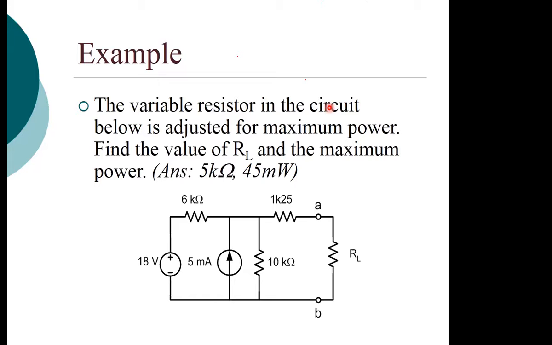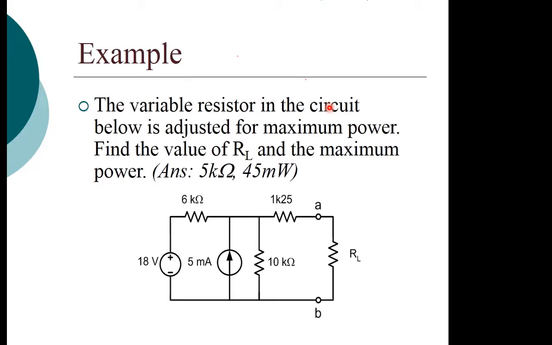Then find the maximum power. Now, the maximum power comes from finding first the Thevenin equivalent voltage, and then reconnecting the load and finding the power through the load. We have two sources, so we use superposition theorem or source transformation, whichever you want. For today, let's use source transformation since someone wanted to use source transformation.